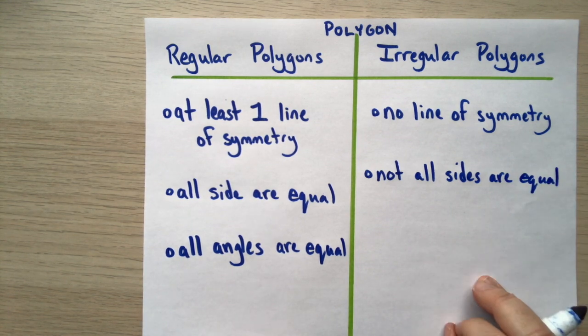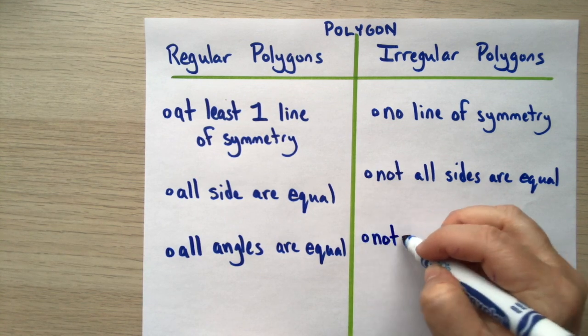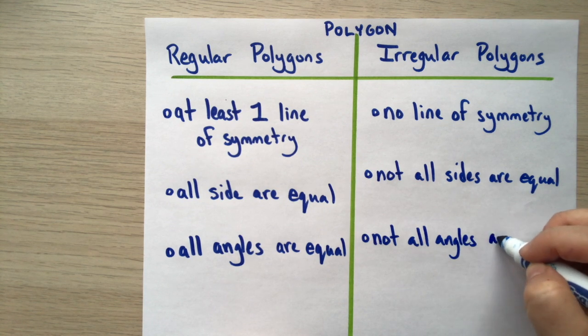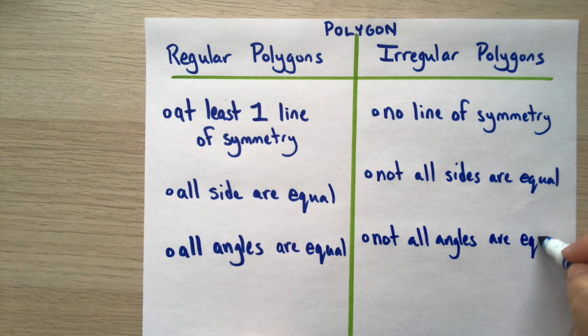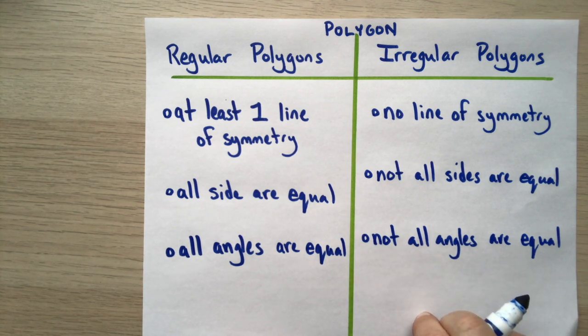That means some could be equal, but not all of them. And not all angles are equal. That means, again, some of them might be equal, but not all of them.